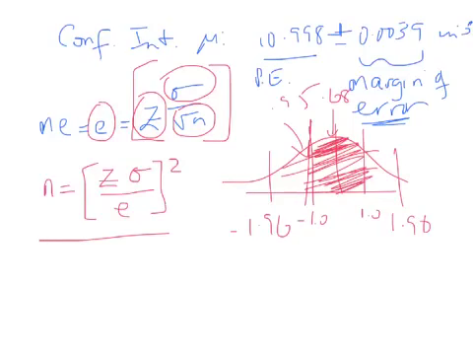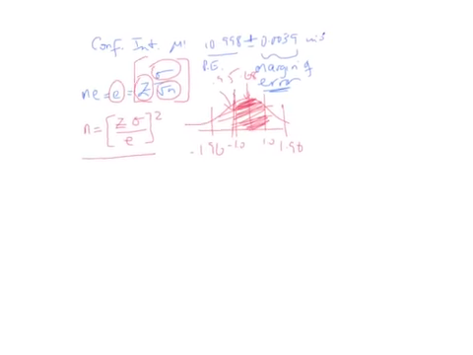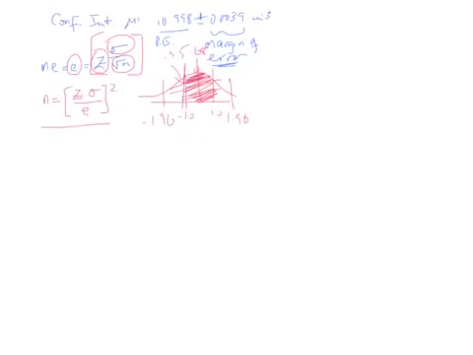Okay? So say if we wanted to find a sample size that would allow us to now estimate the paper length within 0.002 inches, what would our sample size be? So now we're going to do a sample size estimation.